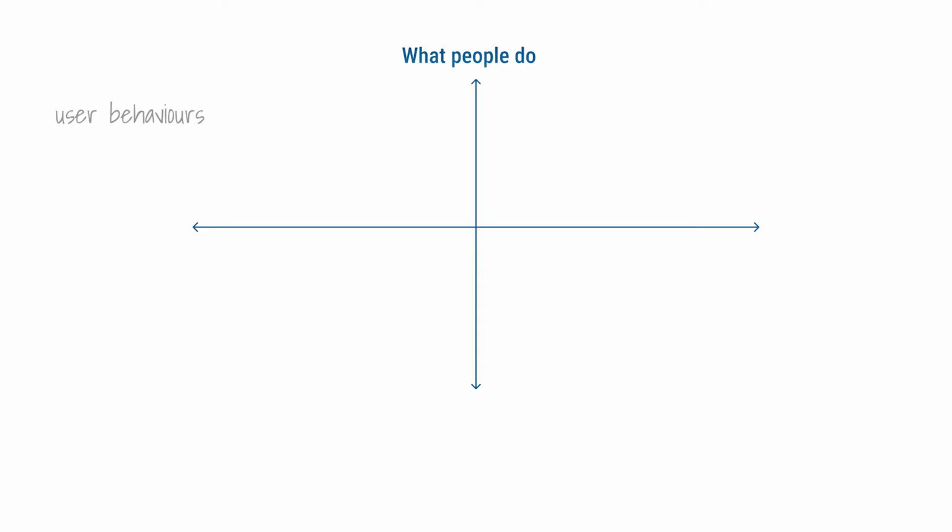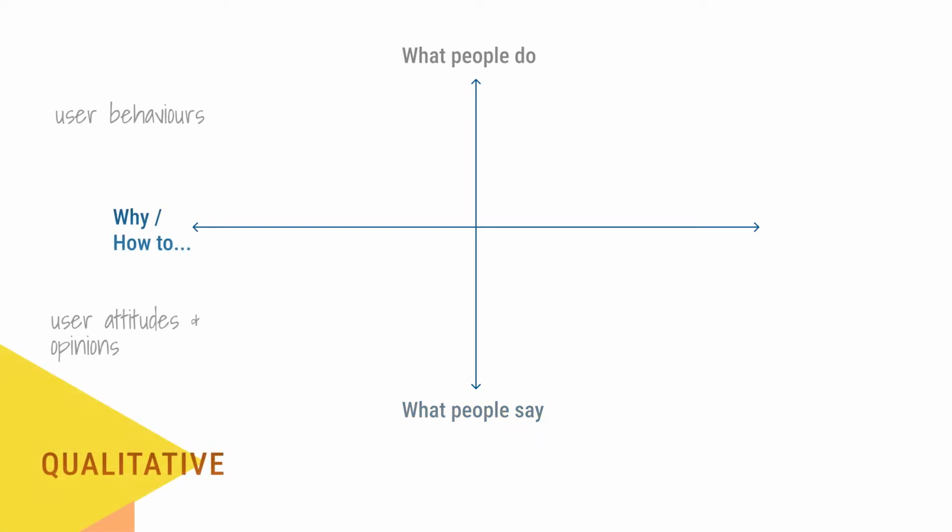But if it's more about what people say or think, then it has to do more with users' attitudes or opinions. At the same time, if your question is about why people do or say something, that is probably better answered with a qualitative method, which is better collected through talking, listening, observing people, and such methods.